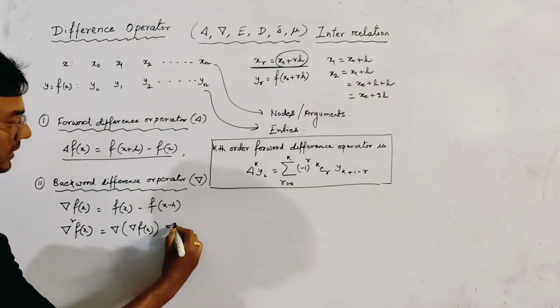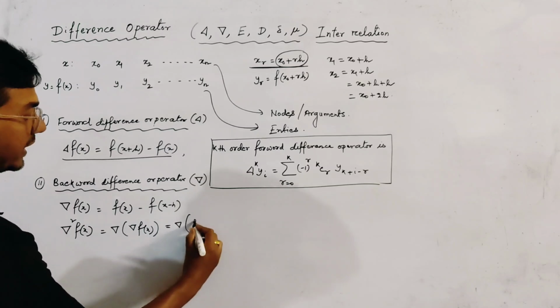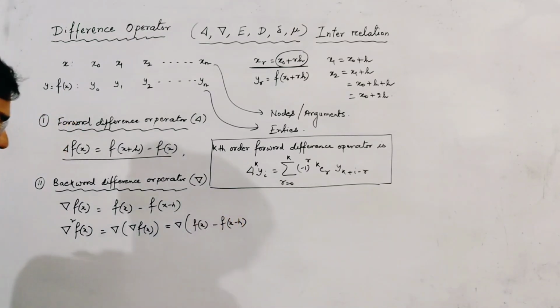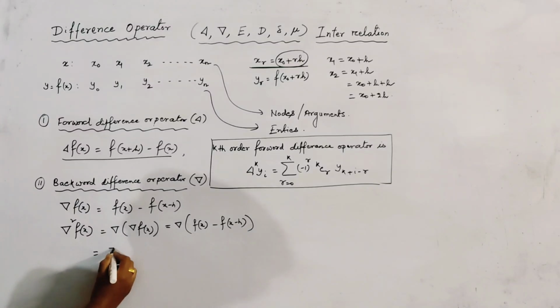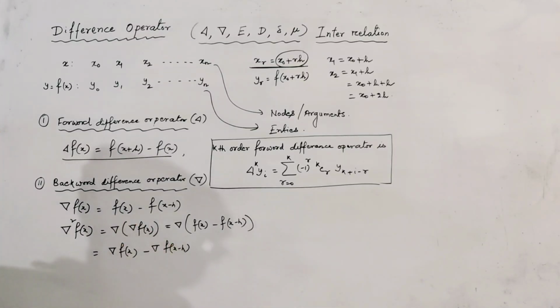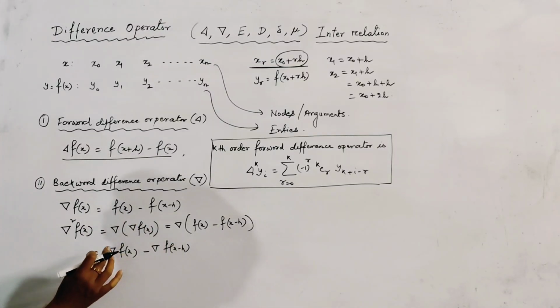So we get nabla of f of x minus nabla of f of x minus h.